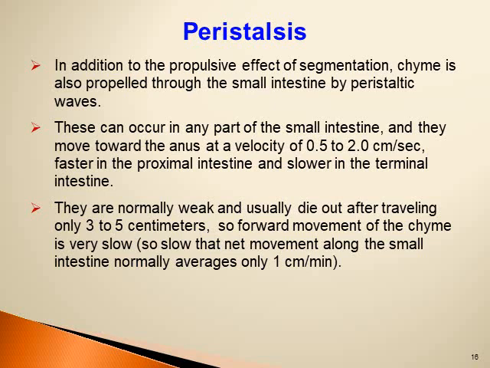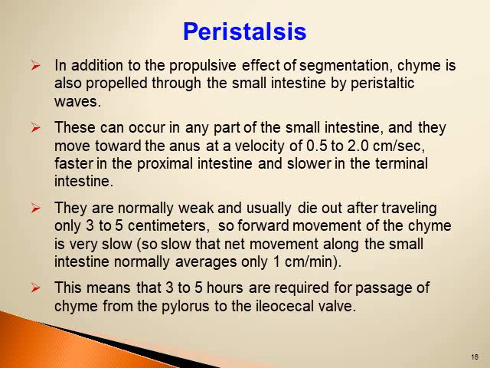So this forward movement of the chyme is very slow. The combined effect of segmentation and peristalsis will move the chyme in the small intestine at an average speed of 1 centimeter per minute. And as I said, this slow movement is required because this will give time for the proper digestion of the chyme and the absorption of the nutrients.